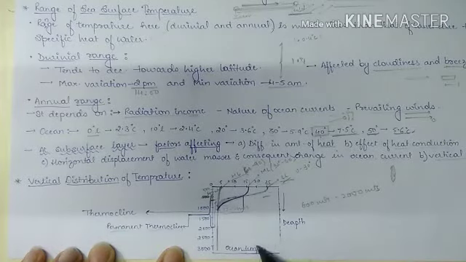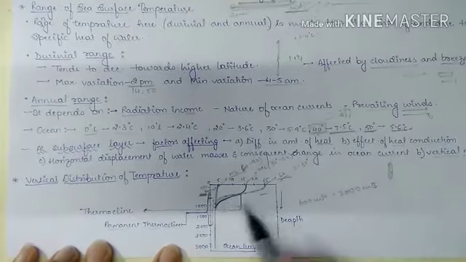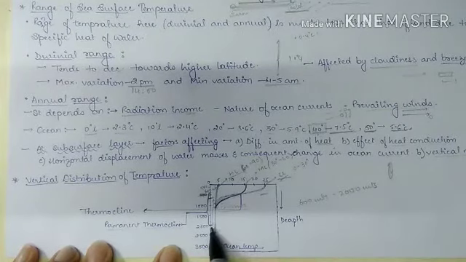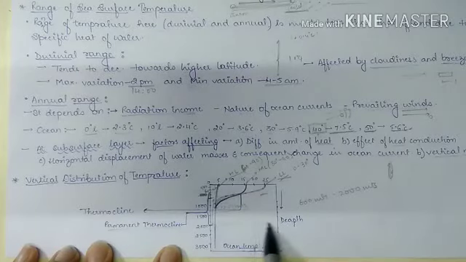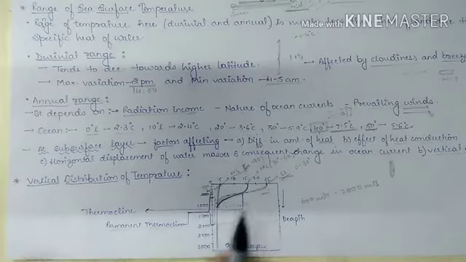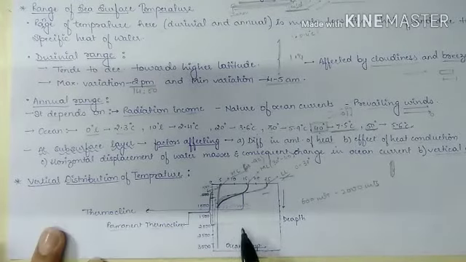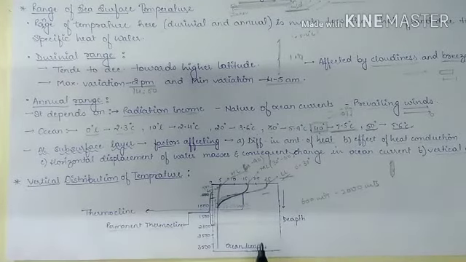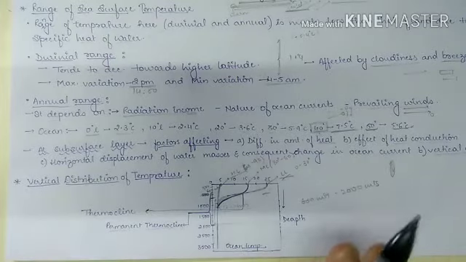The temperature is almost constant, and the temperature of the water beneath this permanent thermocline layer will be the same in every ocean. So this was the vertical distribution of temperature of the open ocean.